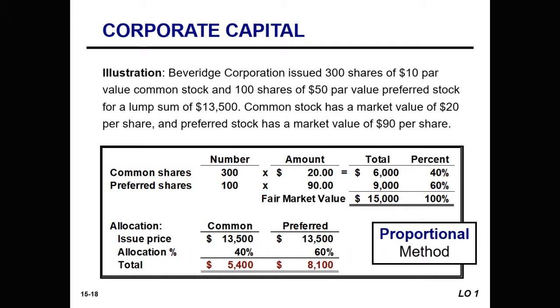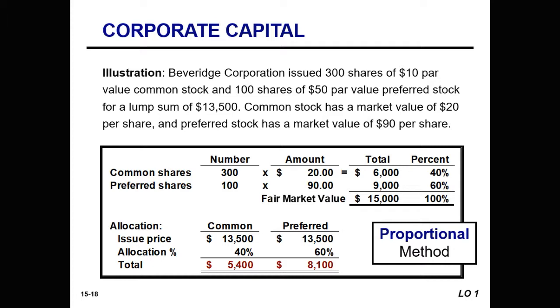Knowing what the market value is for both types of securities, we can use the proportional method. So we take the number of shares and multiply it by the market value of each share. In the market, if we were to purchase 300 shares of common, we would pay $6,000.